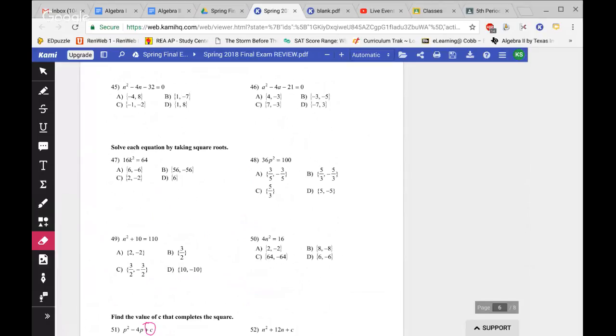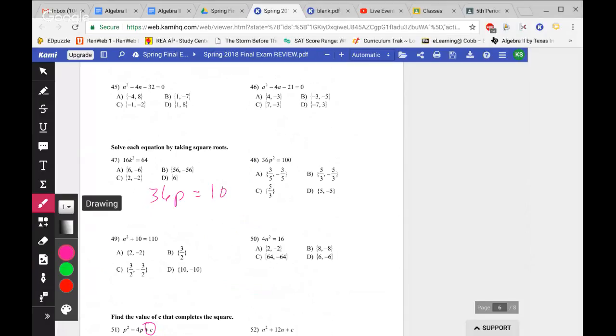I just want to make sure, let's take a look at number 48. We've got 36p squared equals 100. You've got to divide both sides by 36 because you're undoing multiplication. So that's division.